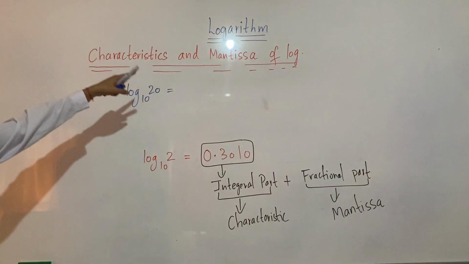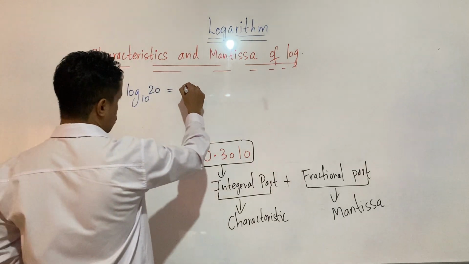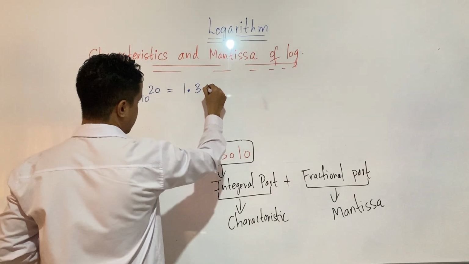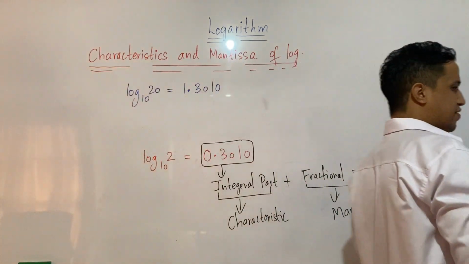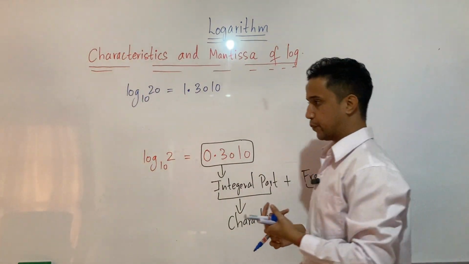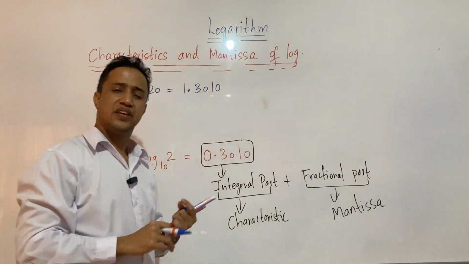Now, log of 20 to the base 10 is equal to 1.3010, because not every time do you have to use your scientific calculators or the log tables.